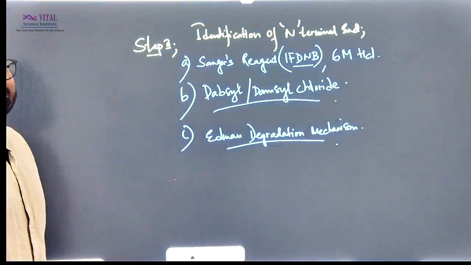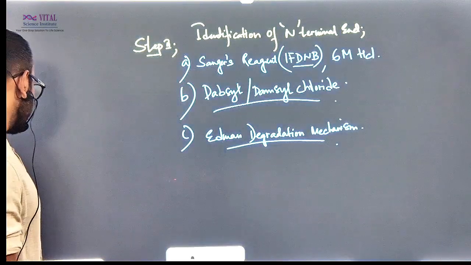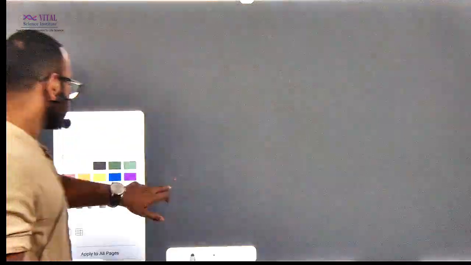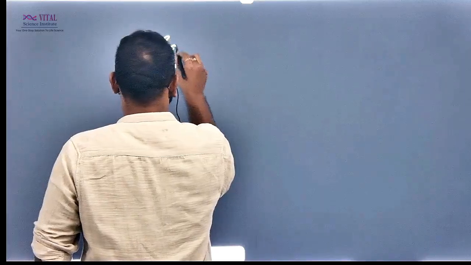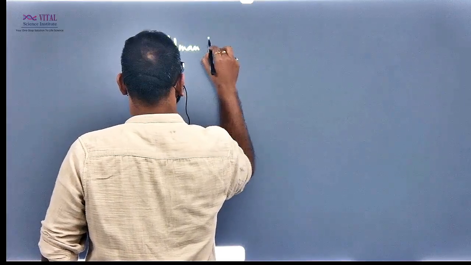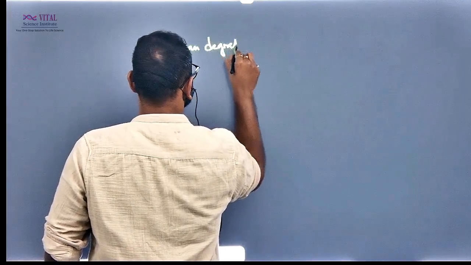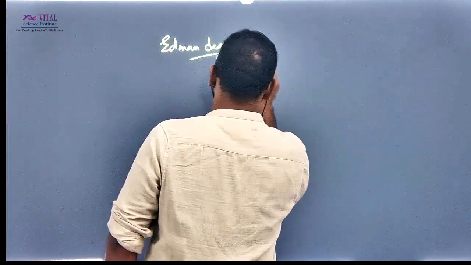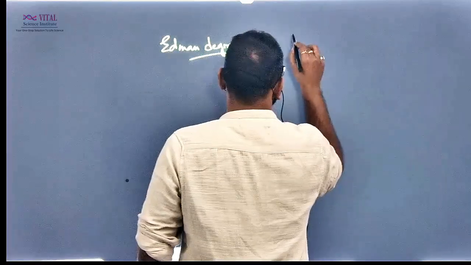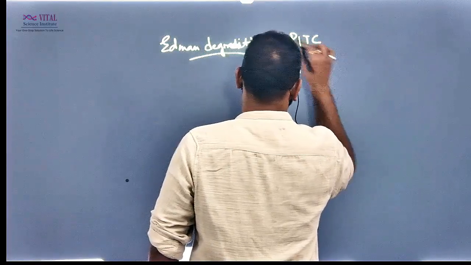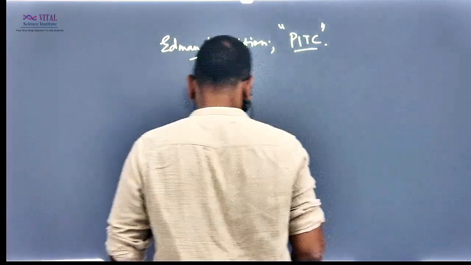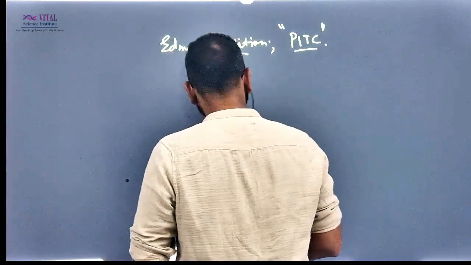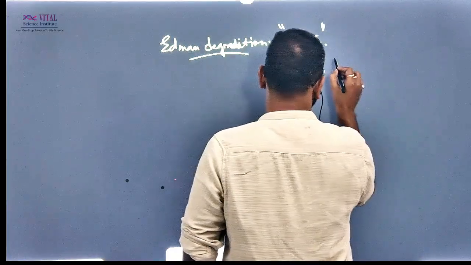So here we will discuss briefly about Edman degradation. Let's see what happens. In Edman degradation, we have our reagent, which is called phenyl isothiocyanate.